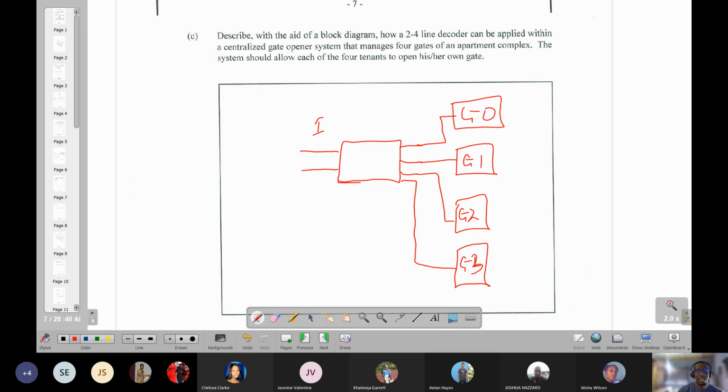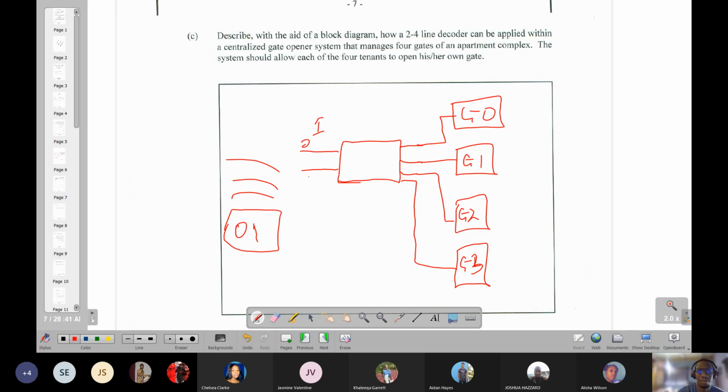Depending on the signal sent from the transmitter, right? So the transmitter could send a signal here. We will assert a particular gate. So if I send a signal of 0, 1, right?